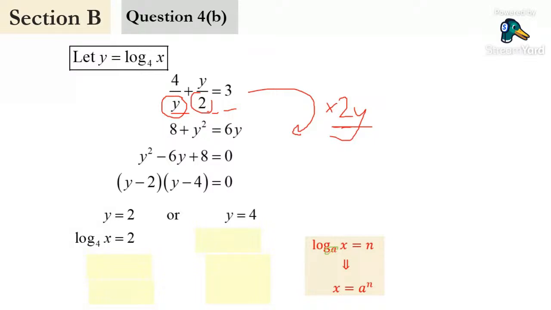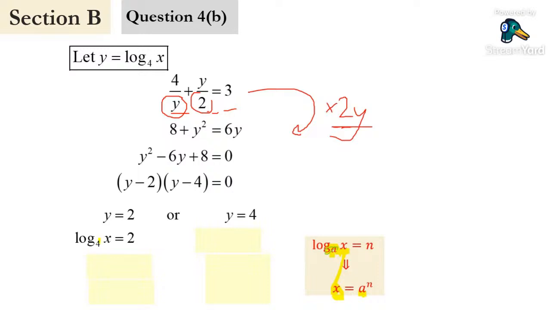The pattern I want you to observe here is that if you have log x, the x is maintained on the left hand side, the base of the log becomes the base of the indices, and the n becomes the power.